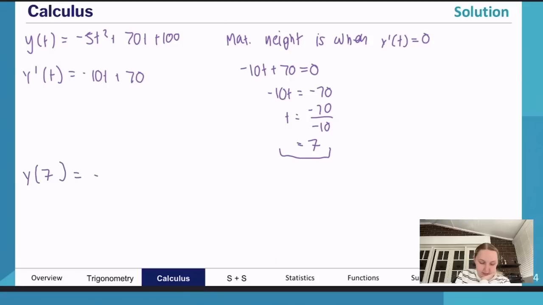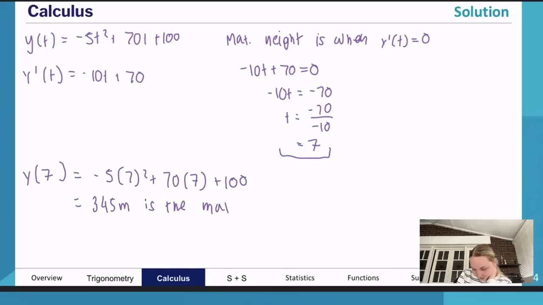So that's going to give us minus 5 times 7 squared plus 70 times 7 plus 100, which is going to give us, I'm just going to use a calculator quickly to do this. If everybody wants to give this a go on their calculator too, they can. Okay, which is going to give us 345 meters is the max height.